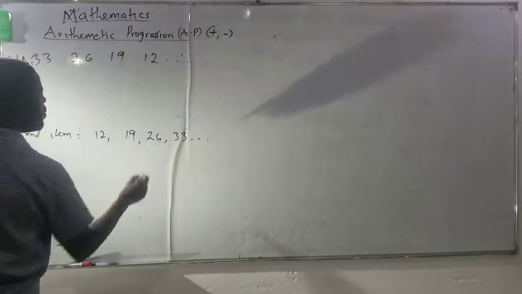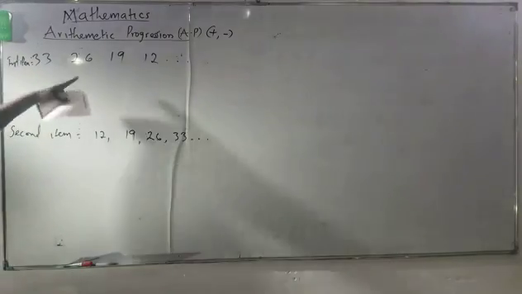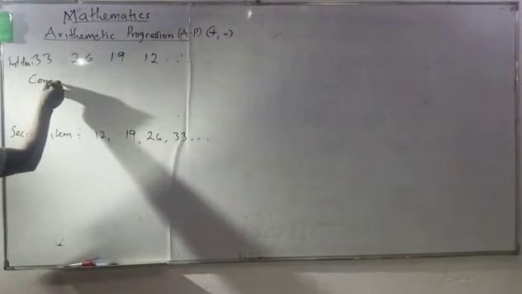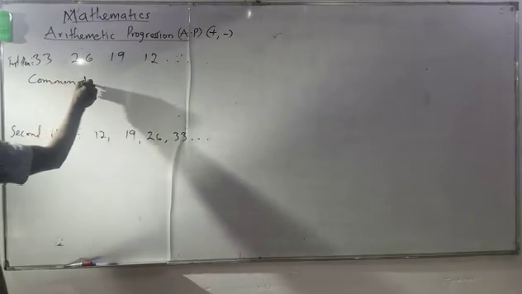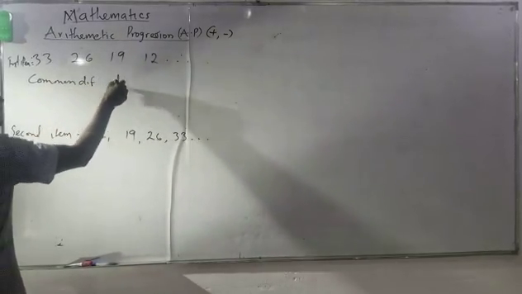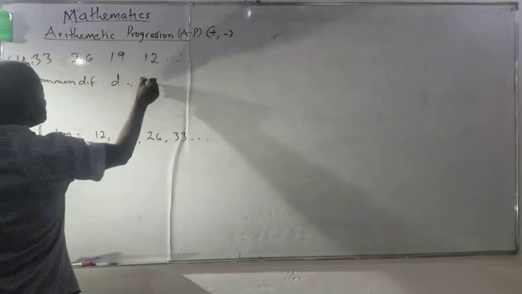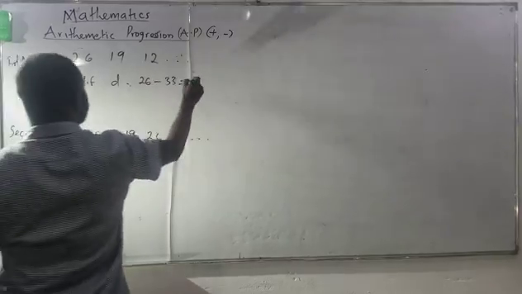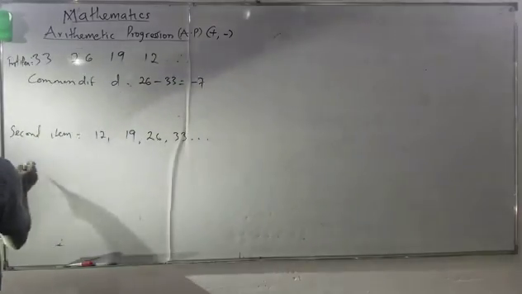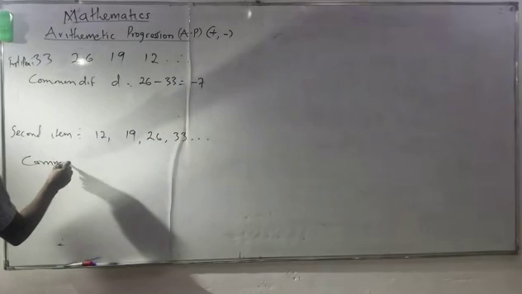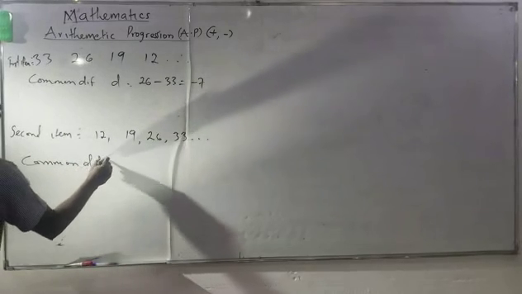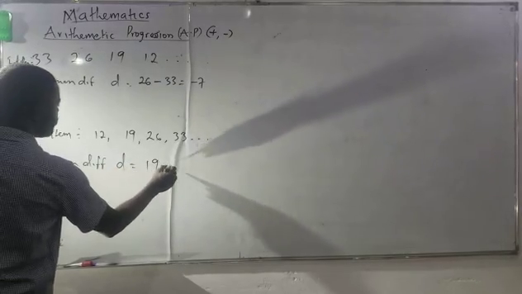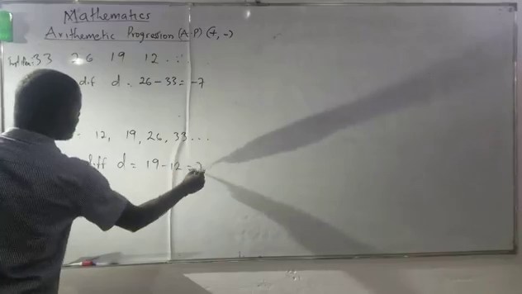Now, look at this, my first one and second one. My common difference here, known as D, will be 26 minus 33, which is minus 7. My common difference here, known as D, will be 19 minus 12, which is 7.